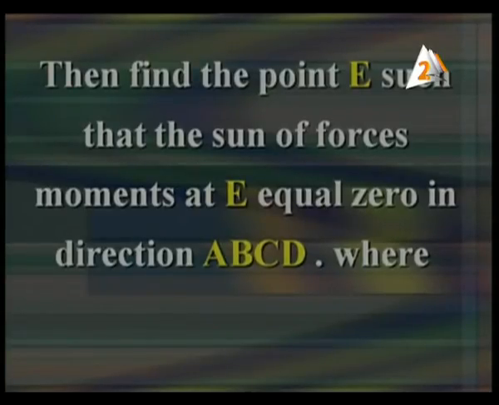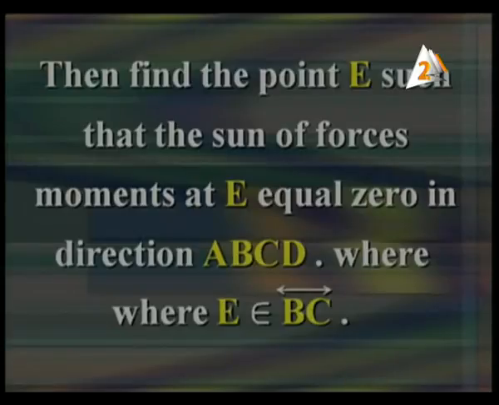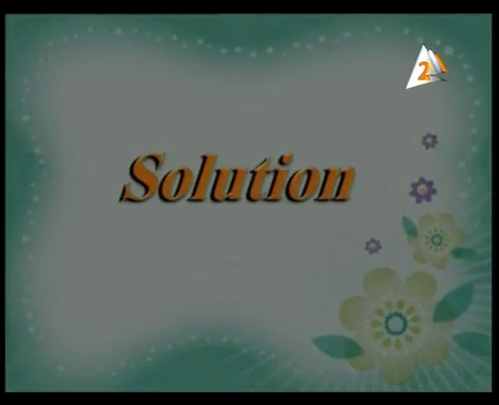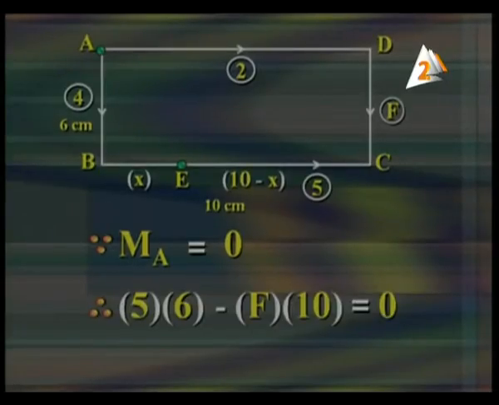Now, from the figure we say that since MA equals 0, so 5 times 6 minus F times 10 equals 0. And we get that 30 equals 10F, or F equals 3 kilogram weight.